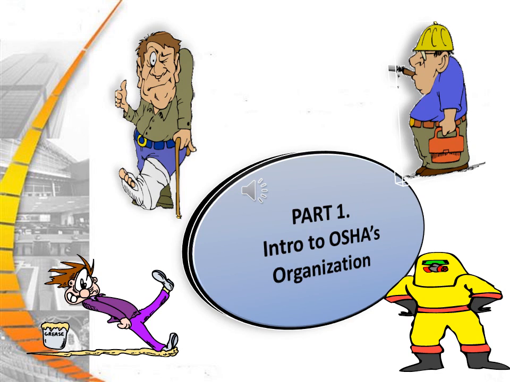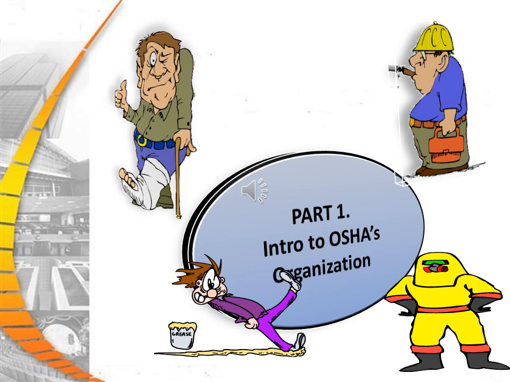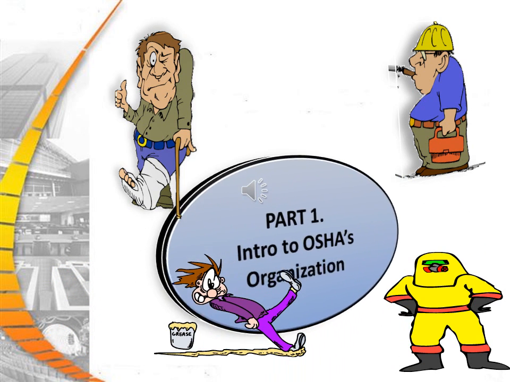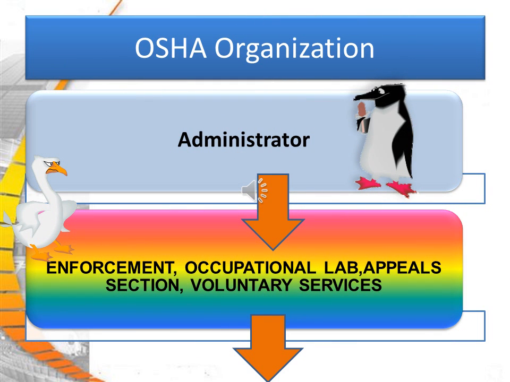Part 1. Introduction to OSHA's Organization. At the top of the OSHA organization is an administrator, and just below that you'll find the divisions of enforcement, occupational lab, the appeals section, and the voluntary services section.